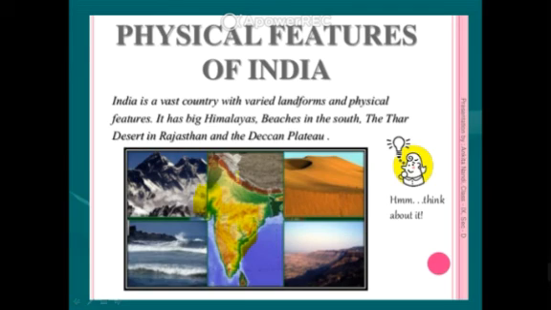Okay, and the upper side belongs to the Himalaya mountains, and between the Deccan plateau and the Himalaya mountains, the northern plain is located. Okay, so these are the physical features of India, and the islands are located inside the Bay of Bengal. Okay, so the physical features of India are important.